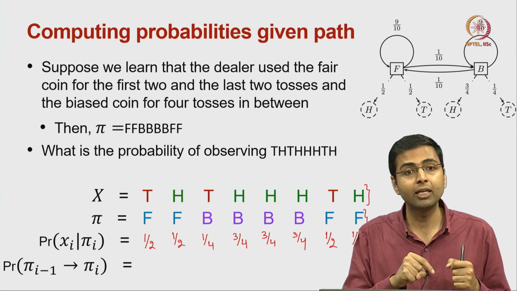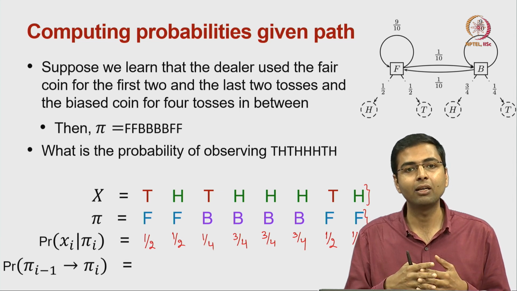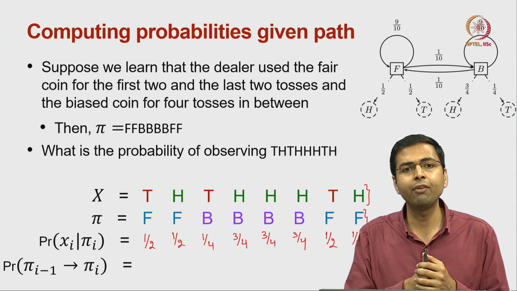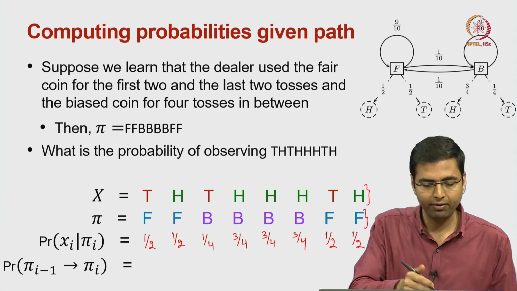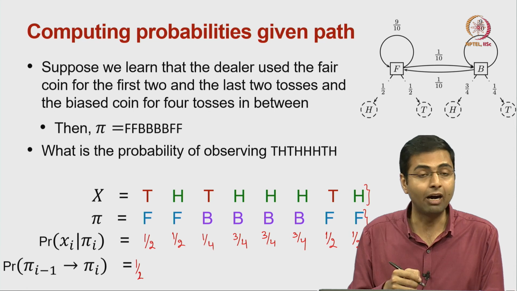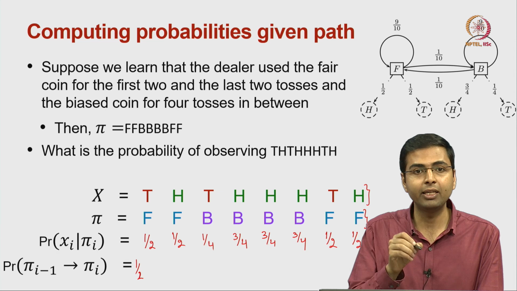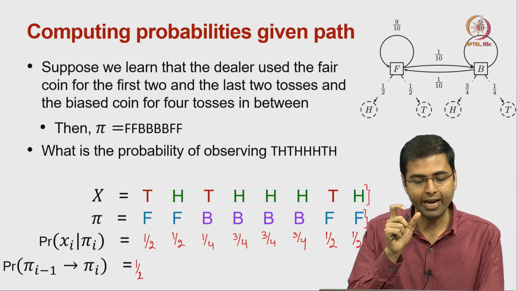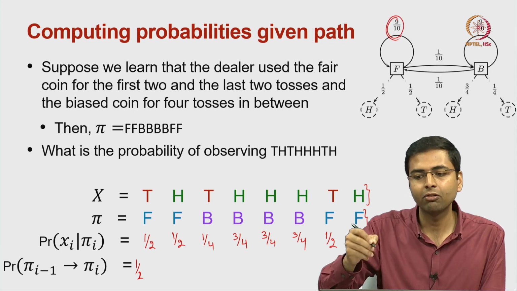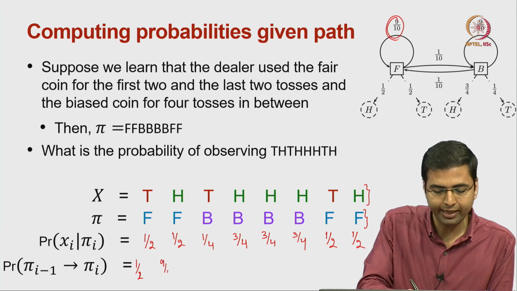We also have to account for the state transitions. So, assume that the dealer started with a fair coin with probability half, that is, the initial probability of using a fair coin is half. Then observe that the first transition is from state F to state F, and from the hidden Markov model we know that the probability of that happening is 0.9, so we can write it as 9/10.